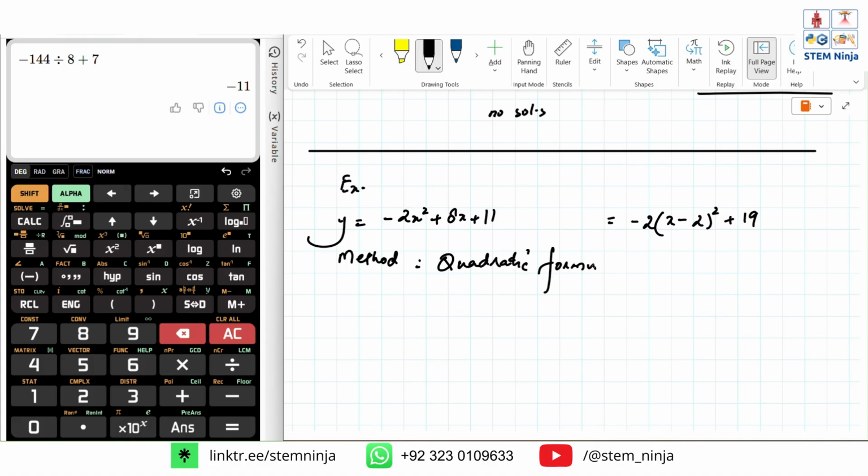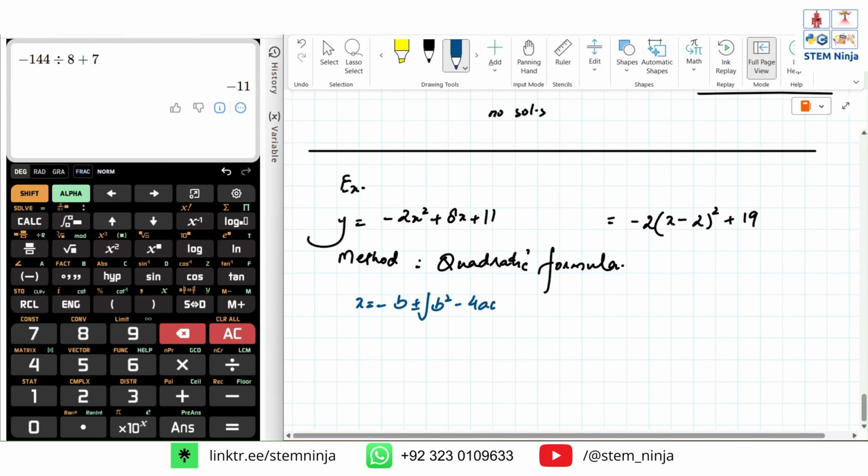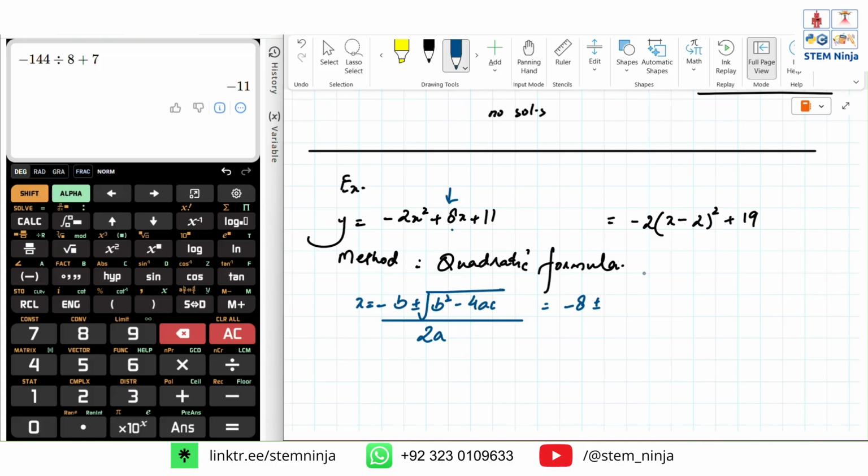So we can try x is equal to minus b plus minus the square root of b squared minus 4ac, divided by 2a. So minus b is minus 8 plus minus the root of b squared, which is 64, minus 4ac. So 4 times minus 2 times 11. So minus 88, this will become plus 88, divided by 2 times a.